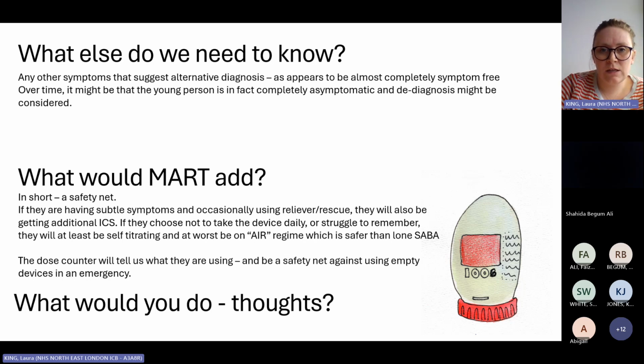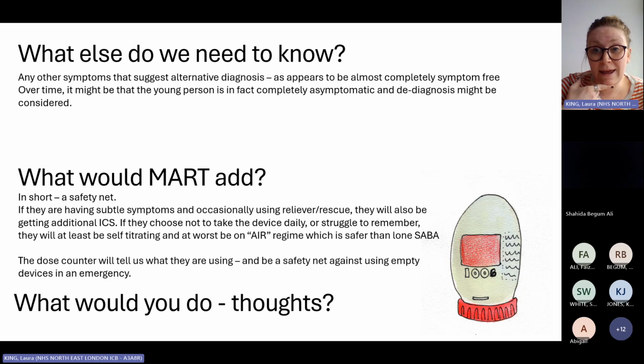In this situation, we had a really long discussion, and we had an interesting one yesterday with this patient. What would MART add? Well, MART would add a safety net. But if they're not having subtle symptoms, they're not using rescue inhalers at all. What we actually did with the real patient was we really carefully considered both options.